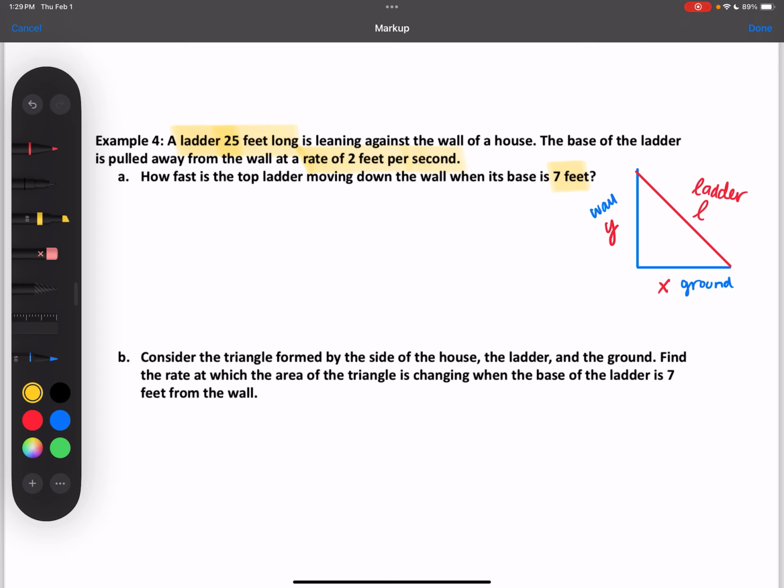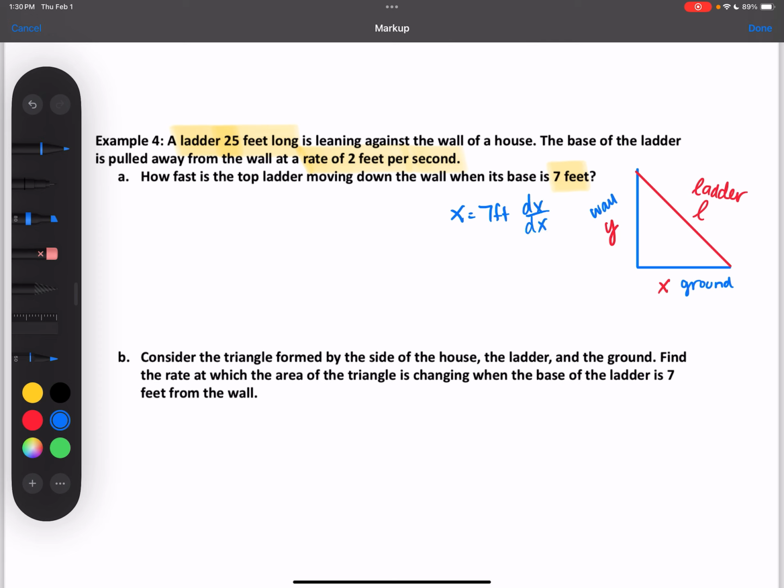So I'm going to set up my variables. X is the base, so 7 feet. dx/dt, do I know that? Yes.